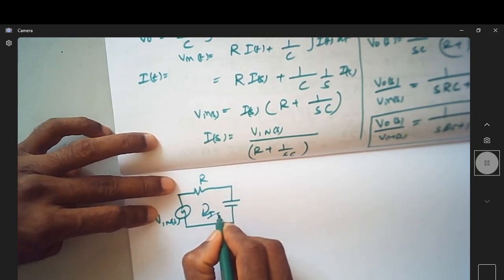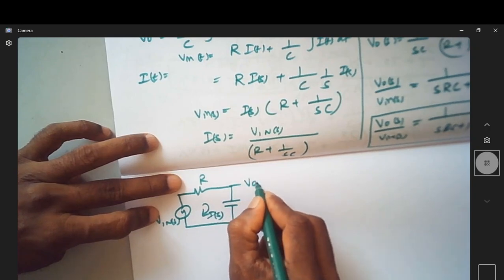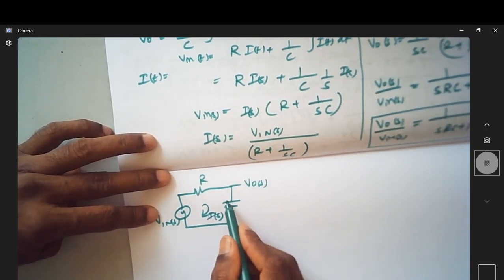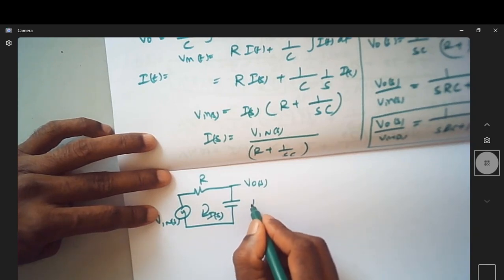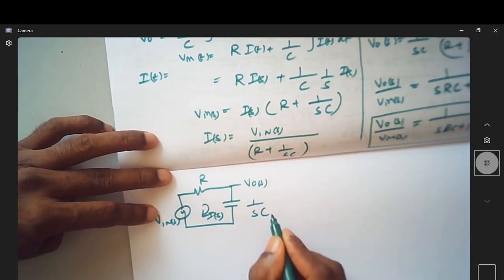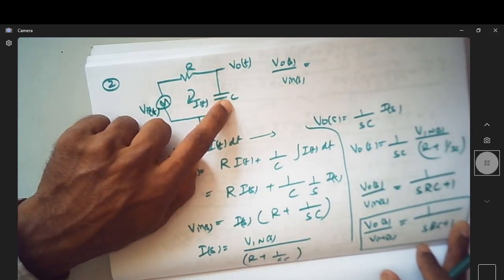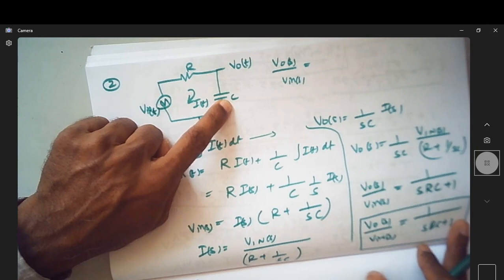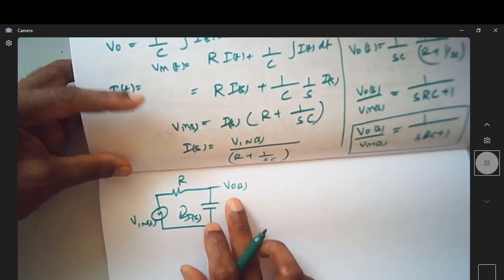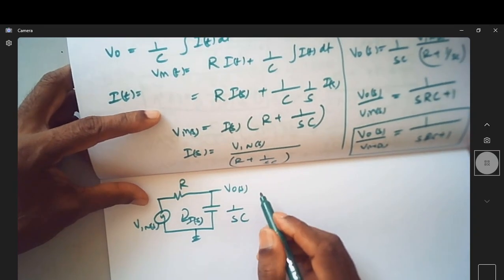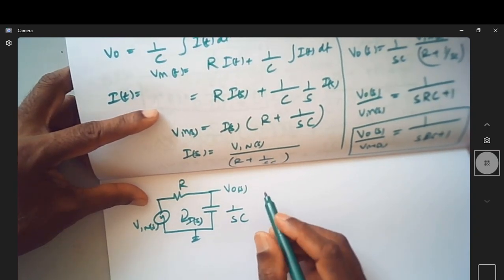Let us write I of s, and V naught of s. Let us write the Laplace of this C as 1 over SC. This is actually a capacitor only, and if I want to represent it by its Laplace equivalent, I can write it so.